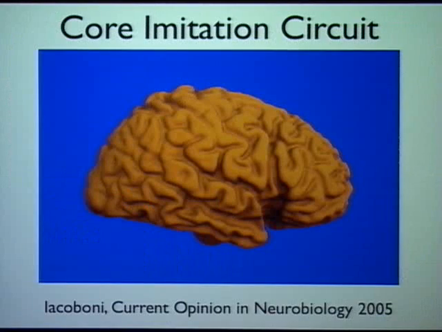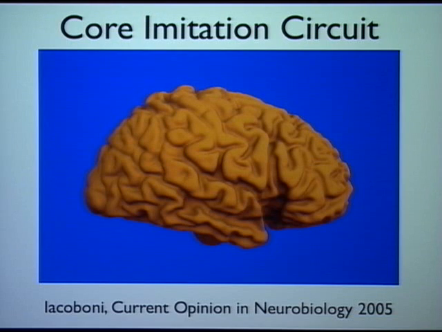Well, actually, before telling you what other experiments we did, let me give you an overview, since in the last 10 years we've done a lot of studies on imitation using brain imaging. Rather than going into the details of the studies, I want to just give you an overview of what we think are the most important brain areas for imitation. You need the whole brain to imitate. You need also V1, because if you don't see, you're not going to be able to imitate.